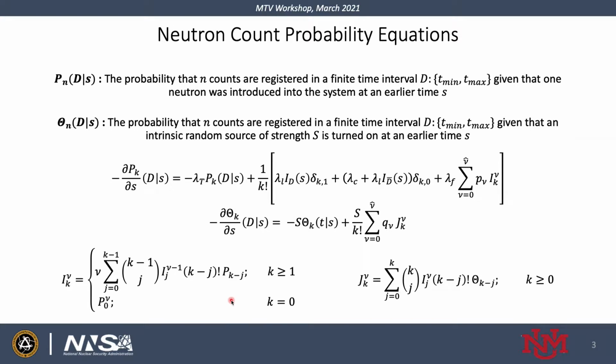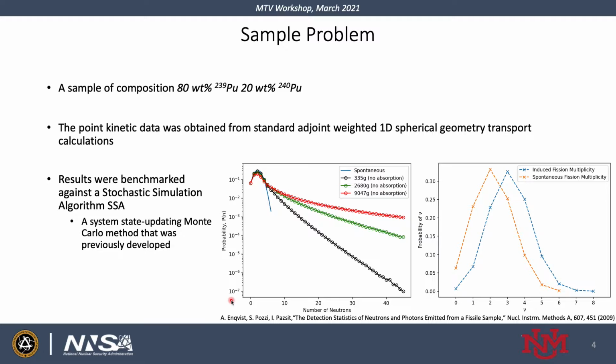Now, before we get into the results, I want to take the time to go over the sample problem we're investigating and where the data we're using came from. The source is a plutonium sphere made of 80% Pu-239 and 20% Pu-240.